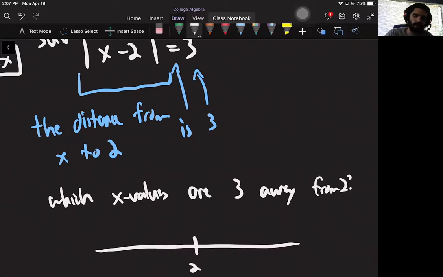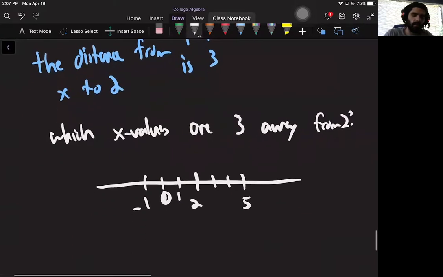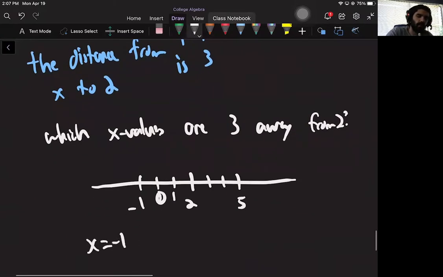Here's 2. If I go 3 away, 1, 2, 3, that takes me to 5 in that direction. If I go 3 in the other direction, 1, 2, 3, that would take me to 1, 0, negative 1. So which x values are 3 away from 2? Just x equals negative 1 or x equals 5.